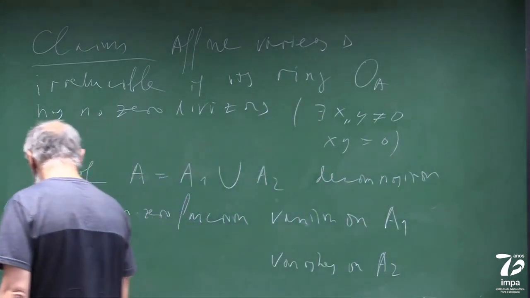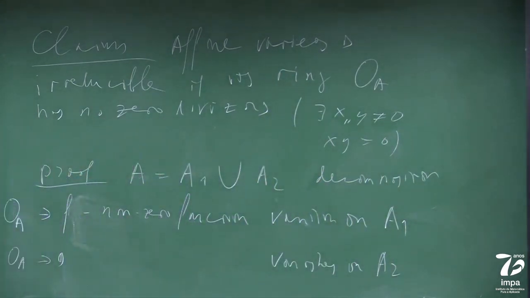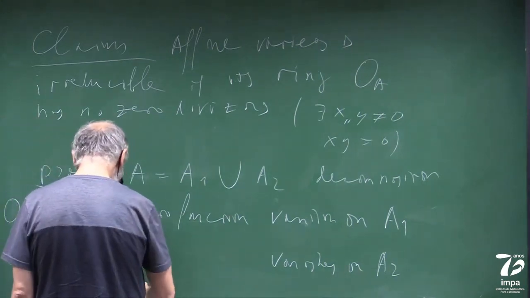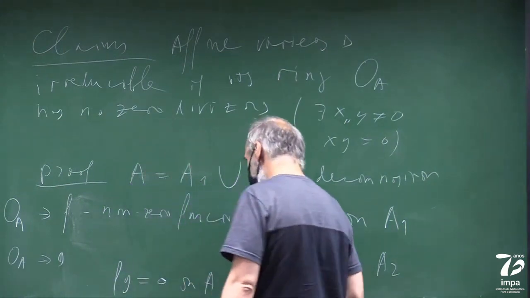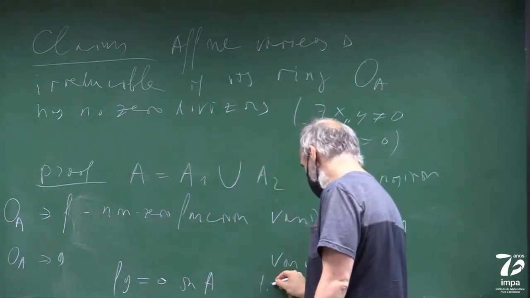Then since A is the union of A1 and A2, fg is equal to 0 on A. Then f and g are zero divisors.